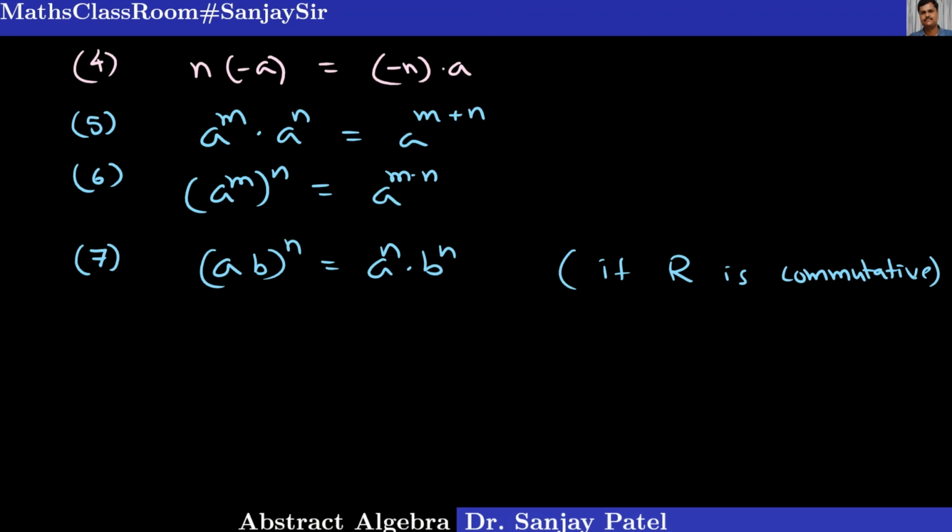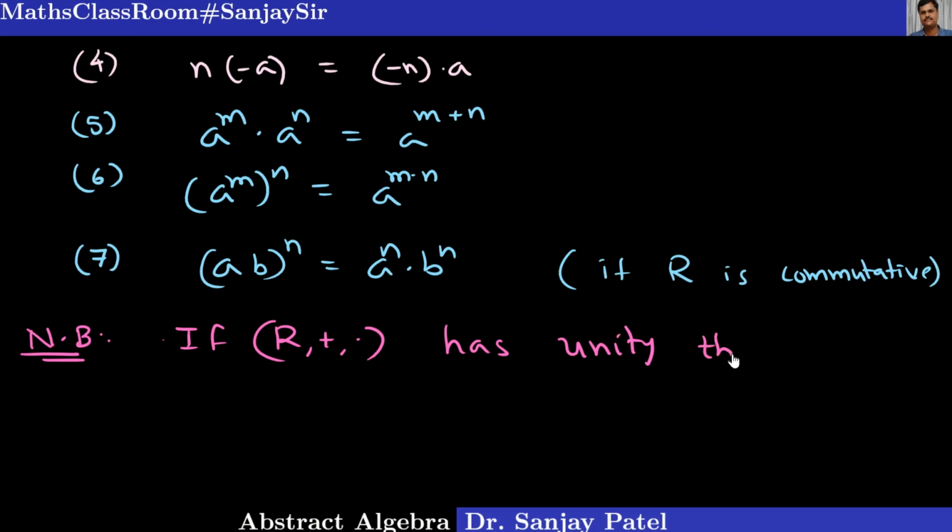Further, one very important thing I must tell you is that in a ring with unity only, we can write the following two important things. If R has a unity element, then we can write a raised to 0 is equal to 1, otherwise not, for every a belonging to the ring R. So a raised to 0 equal to 1 is defined only when the ring has unity 1.